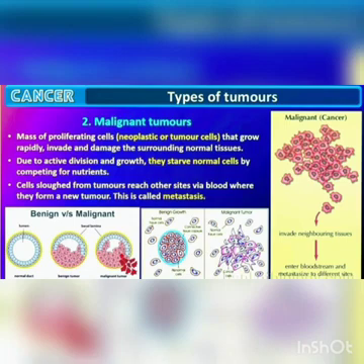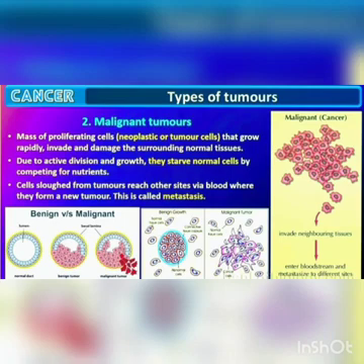Cells sloughed from tumors reach other sites via blood, where they form a new tumor. This process is known as metastasis.